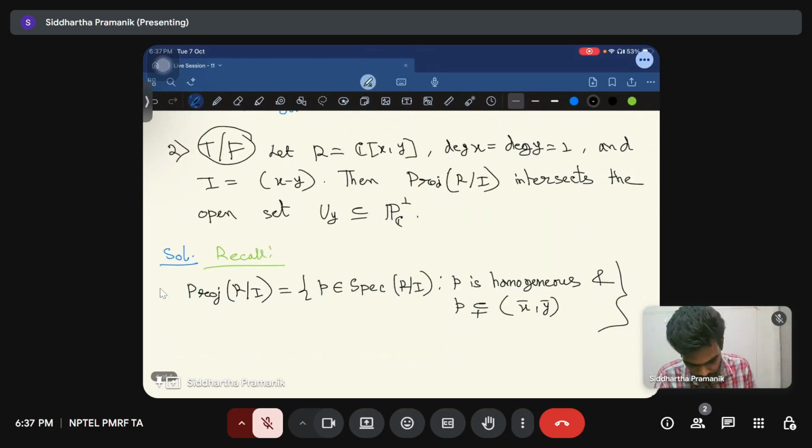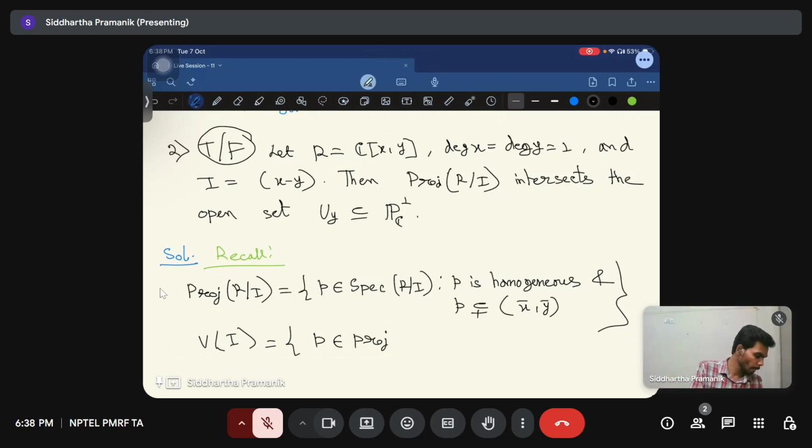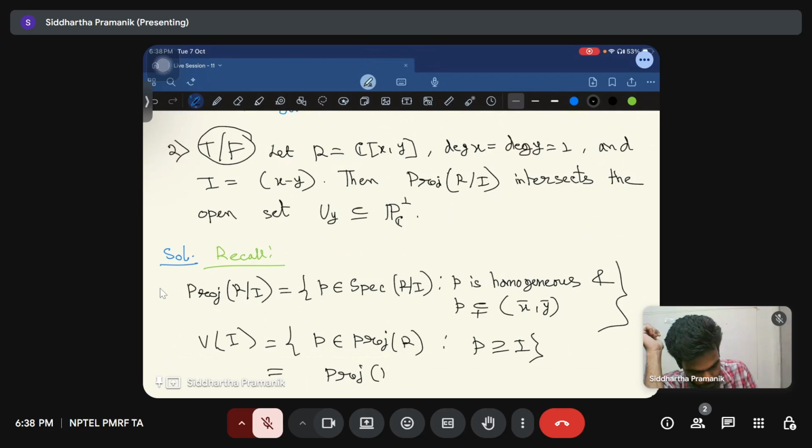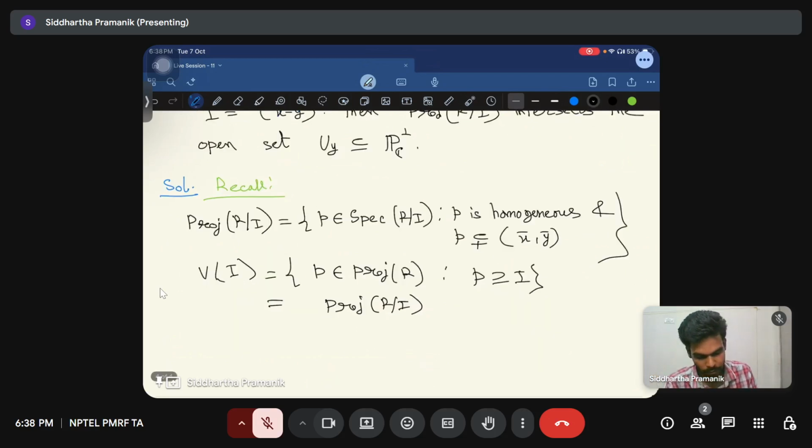Now here what is V of I? So this is the graded counterpart of what we have learned already. So this is the set of P belonging to Proj of R such that P contains I. So this is basically Proj of R mod I, right?